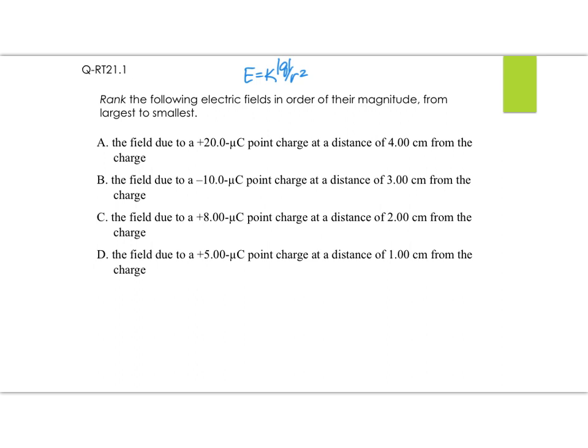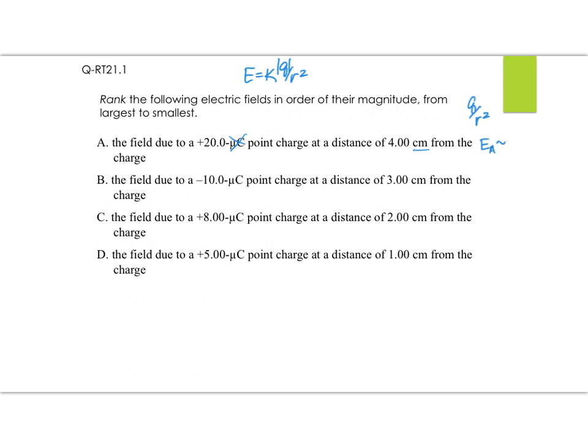But it turns out we can do the equivalent of Q over R squared to do the ranking. We can also ignore the microcoulombs and keep R in centimeters, since the charges are all measured in microcoulombs and the distances are all measured in centimeters. So doing that, I'm getting these values that I'm going to compare.